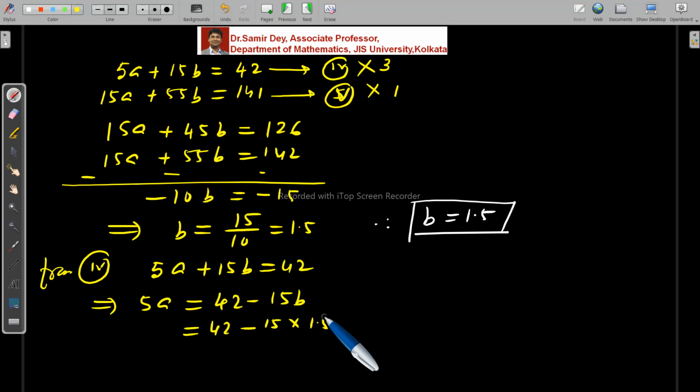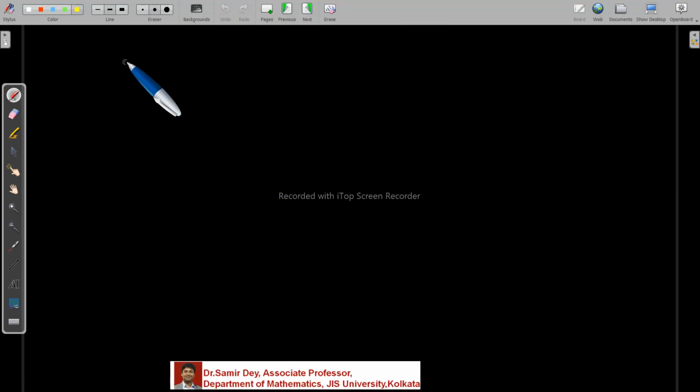If you simplify, how much is coming? 5a = 42 minus 22.5, so 5a = 19.5.